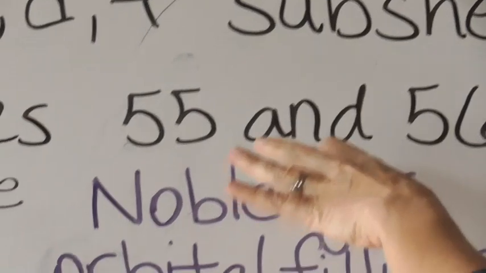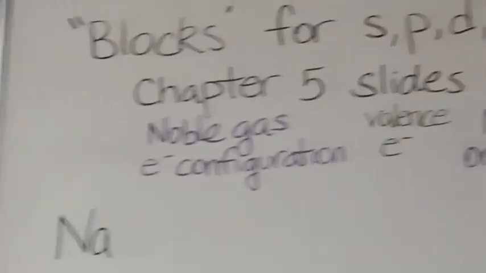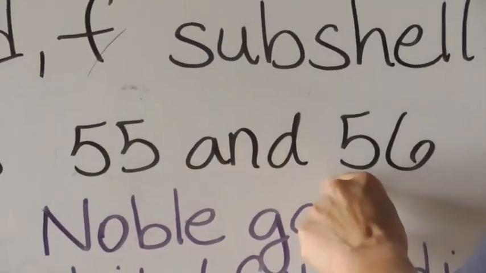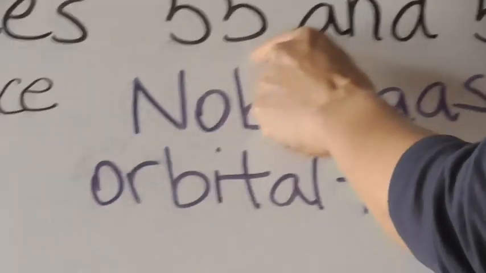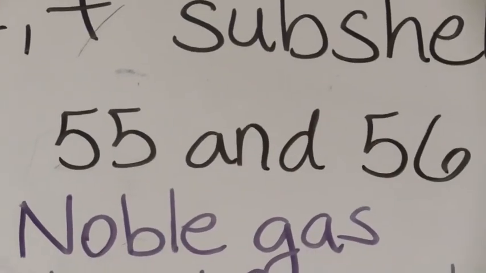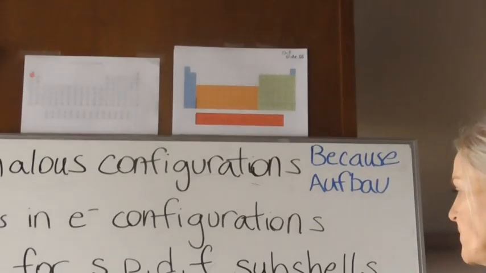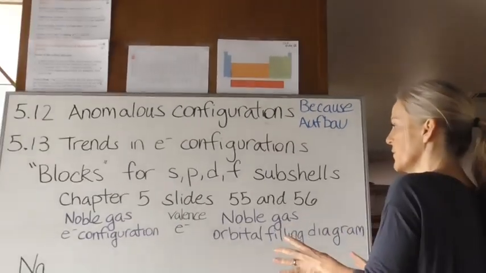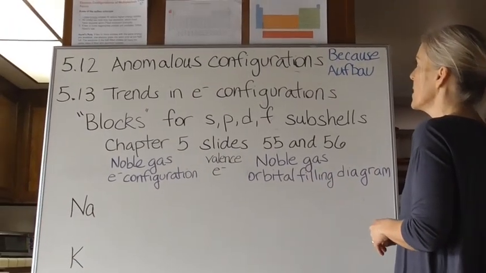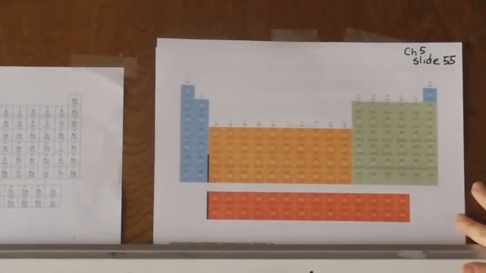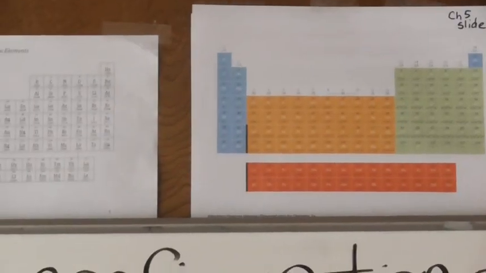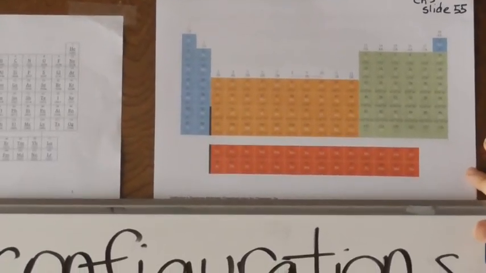If you don't have a printer or you don't want to use your printer ink, just have those up and available on your computer screen so that you could look at them when I'm talking about them. Okay, so if you have those in front of you, I only put up slide 55 because I don't have enough room. But in slide 55, you'll see what's also in 56.